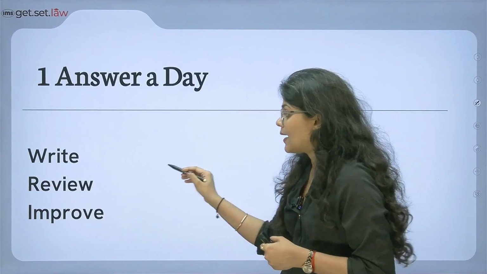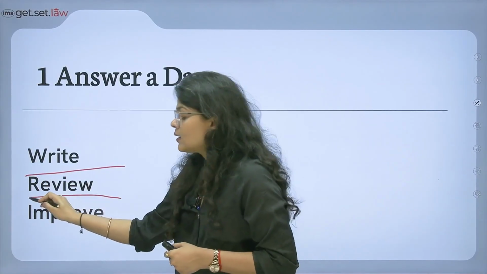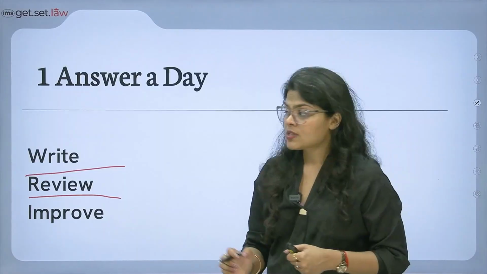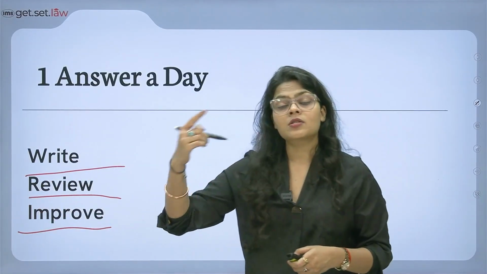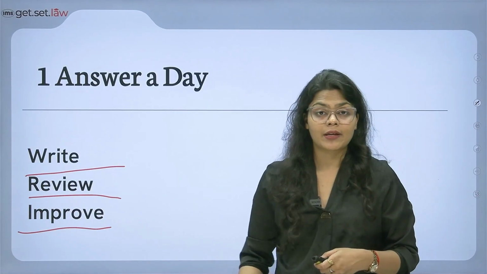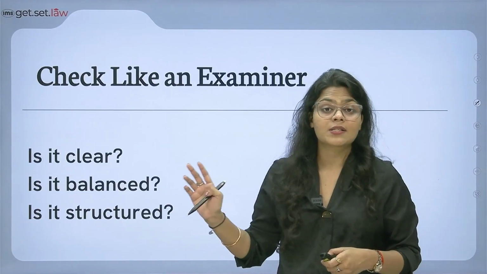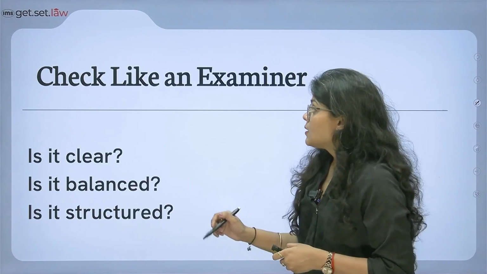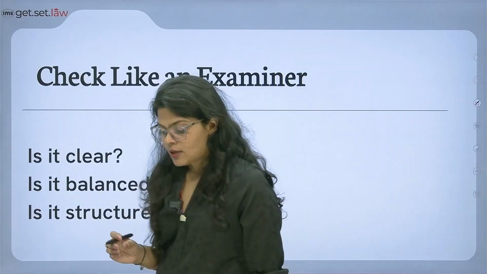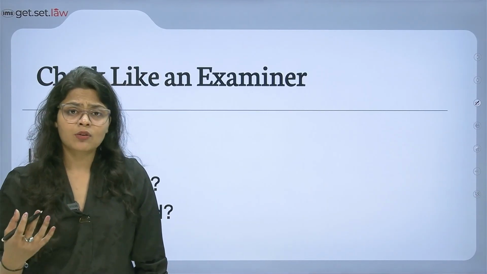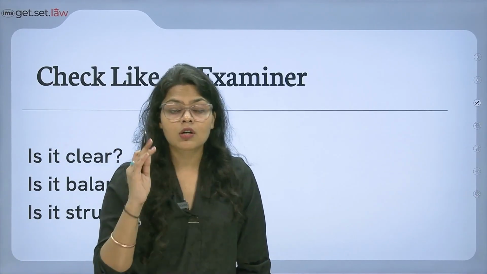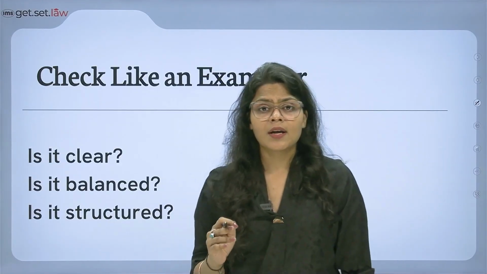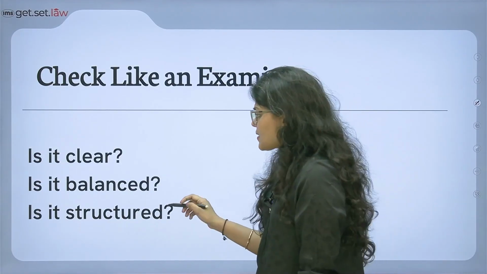Make sure that you're writing, you're reviewing, and wherever you're making errors, you work on those errors for the next time when you're writing answers. That is the right way, right? So when you are cross-checking your answer and seeing what errors you have made, always look from an examiner's viewpoint: do you think that this answer is balanced?